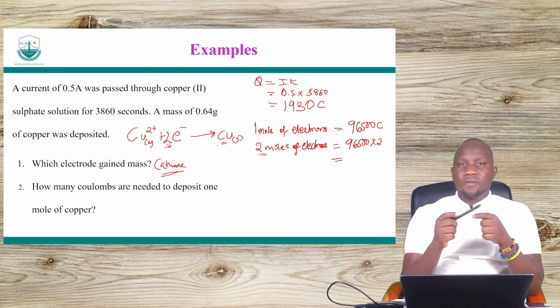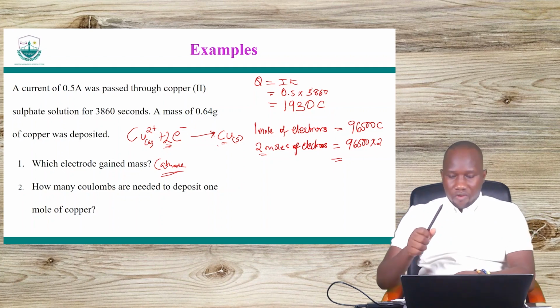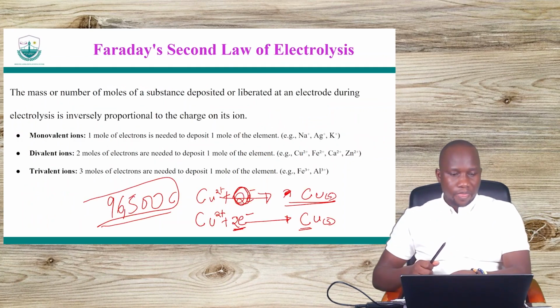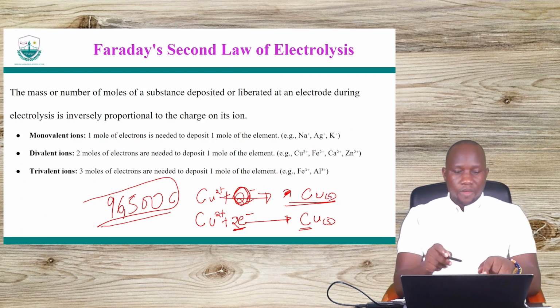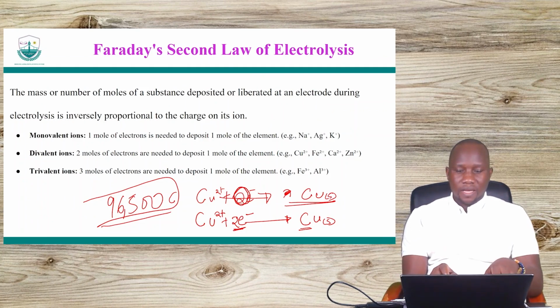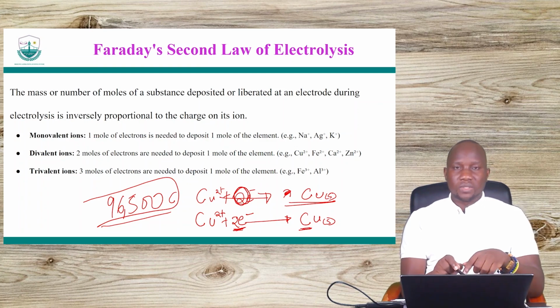Okay? If I go back here, you remember this statement that for 1 mole of copper to be deposited, you need 2 moles of electrons, right? That's where the statement is coming from.